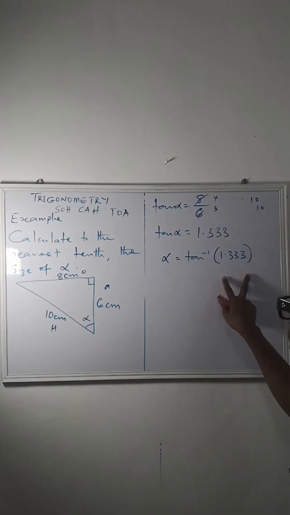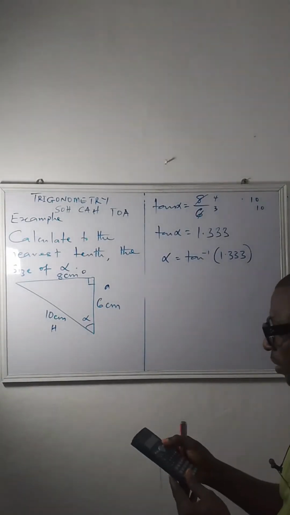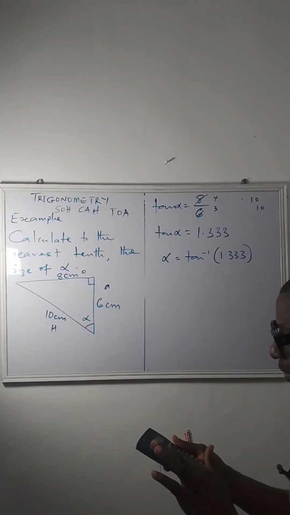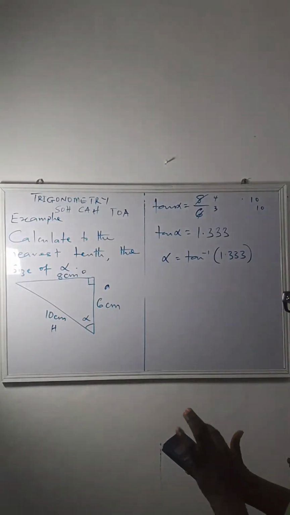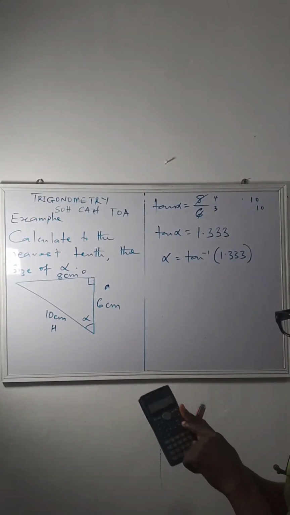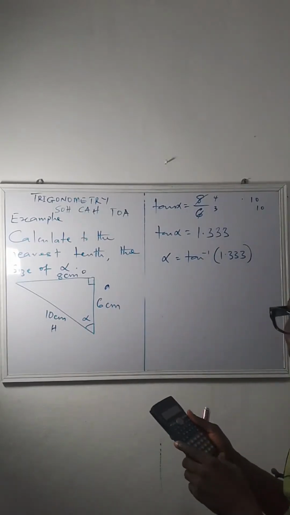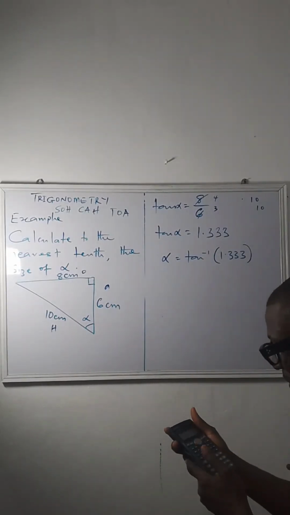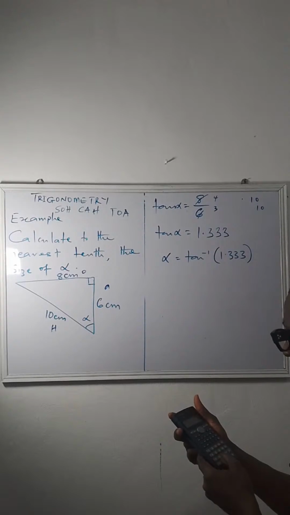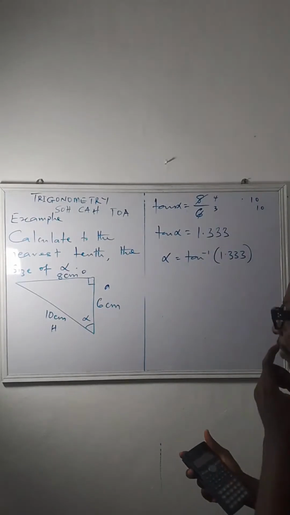If I want to get this, I press shift on my calculator, then I press tan, and you enter this number, 1.333. So you have your answer.